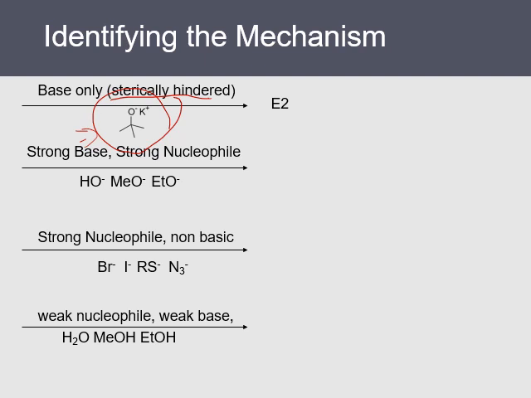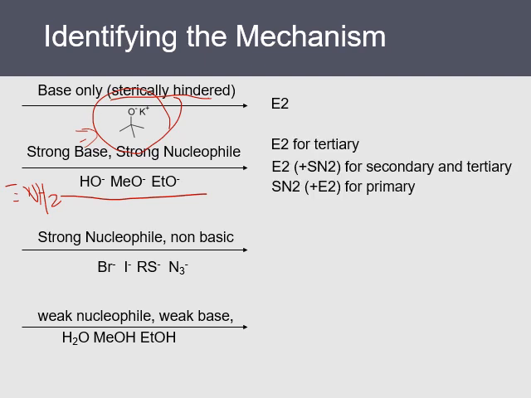Next, if the bases are very strong, such as hydroxide, methoxide, ethoxide, and also amide, these bases are so strong that they always participate in E2 elimination. E2 for tertiary, and even for secondary, unless it's primary.